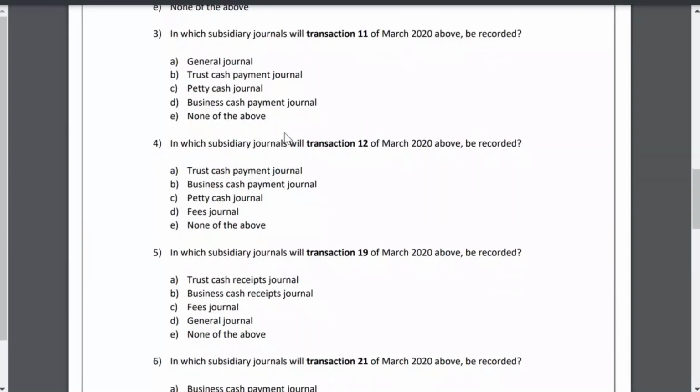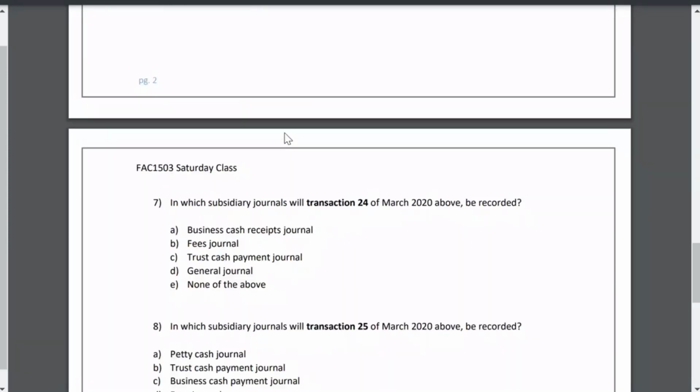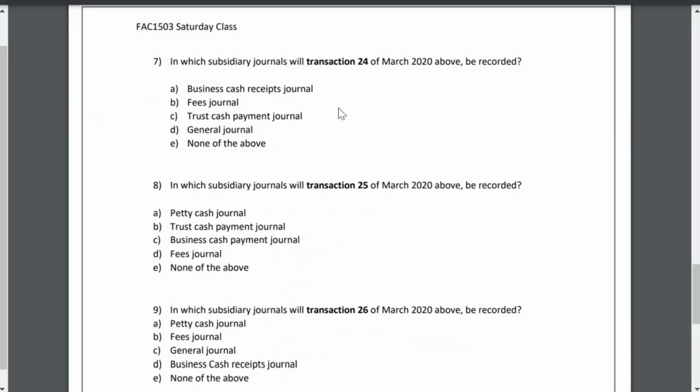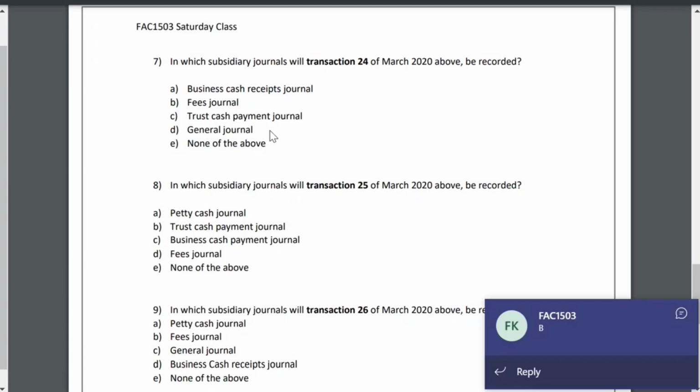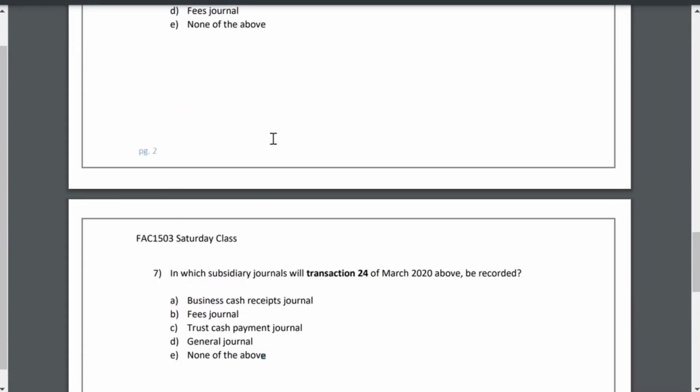The options are Business Cash Receipts Journal, Fees Journal, Trust Cash Payment Journal, General Journal, or none of the above.